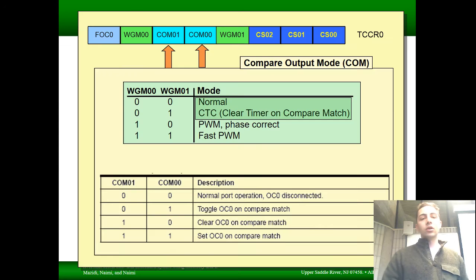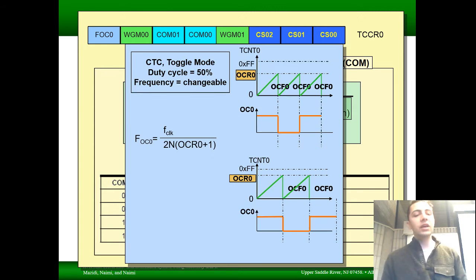Okay. So when we are in normal or CTC mode, this table applies. Normal, toggle, clear, set. That's a little bit easier to see on the screen. So if we are in CTC mode, this is what's going to tend to happen as we change the value in the output compare register. If we have a large value in the output compare register, which is at the bottom here, the time between output compare events is relatively large, which means our period is relatively large.